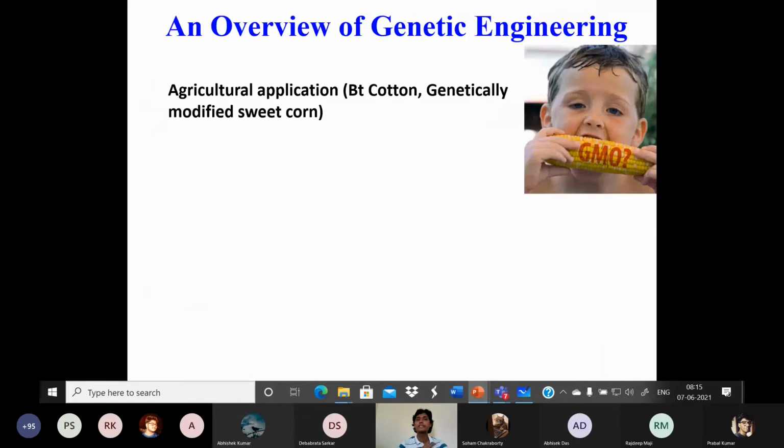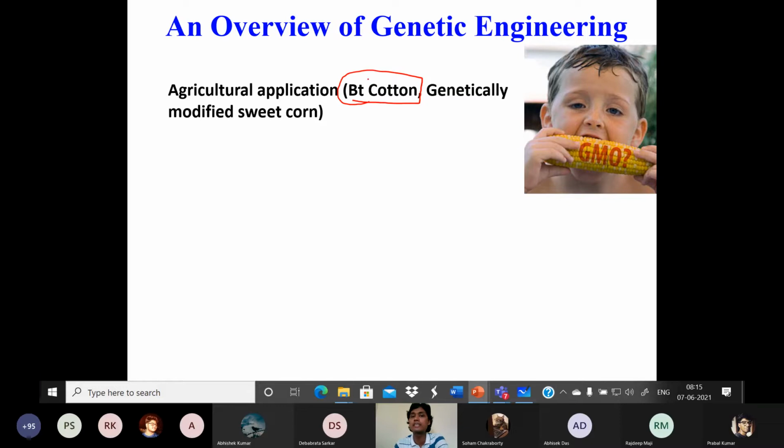So, an overview of genetic engineering. As Soham just told us about golden rice, I didn't include golden rice here, but some other examples are there. For example, agricultural application, and this one you might be aware of, BT cotton. Sometimes you get news that is a little disturbing, that because of BT cotton there are a lot of problems for farmers in Maharashtra, Telangana, and those regions.